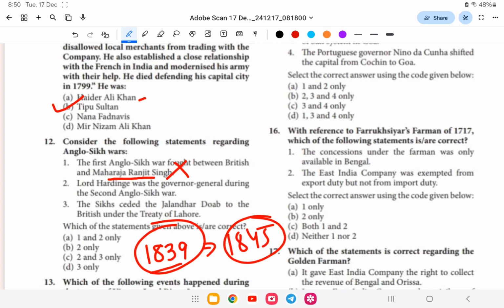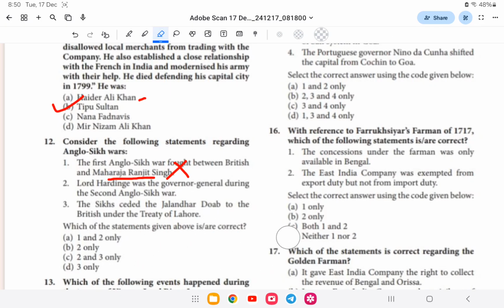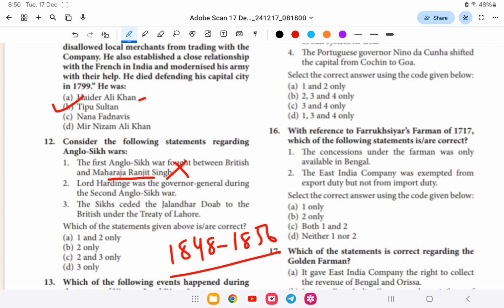So that is wrong. Next, Lord Hardinge was the Governor General during the second Anglo-Sikh War. It was actually Lord Dalhousie, who served from 1848 to 1856.